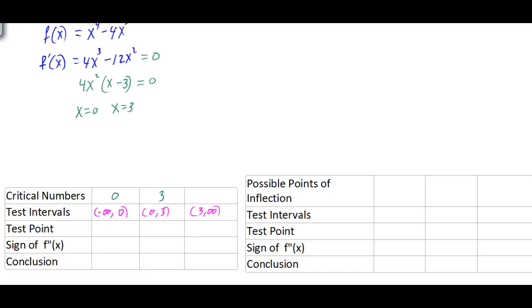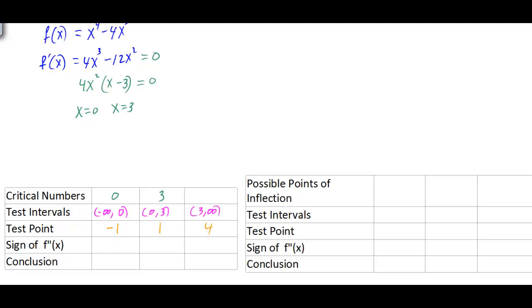Then remember, we need to pick a test point. From negative infinity to 0, I would simply use negative 1. From 0 to 3, I would use 1. And from 3 to infinity, I would use 4.